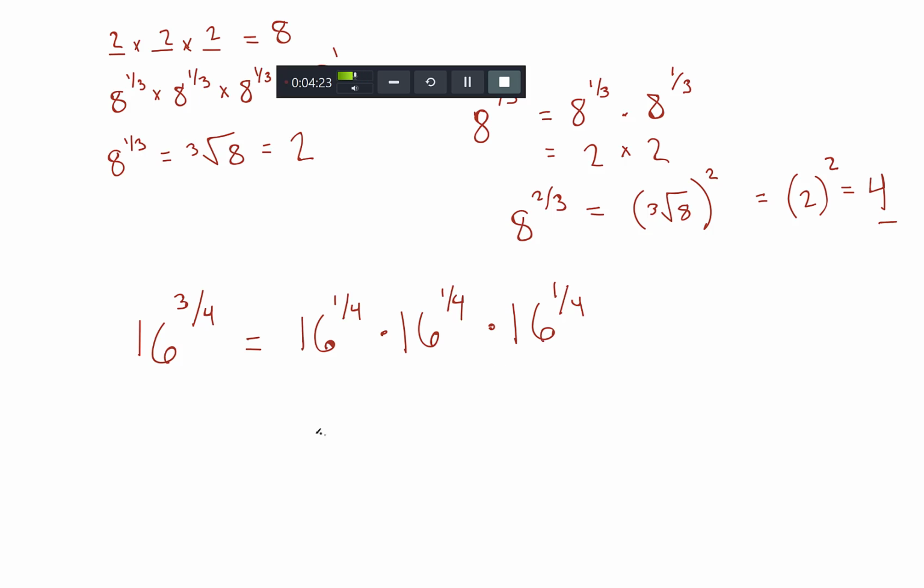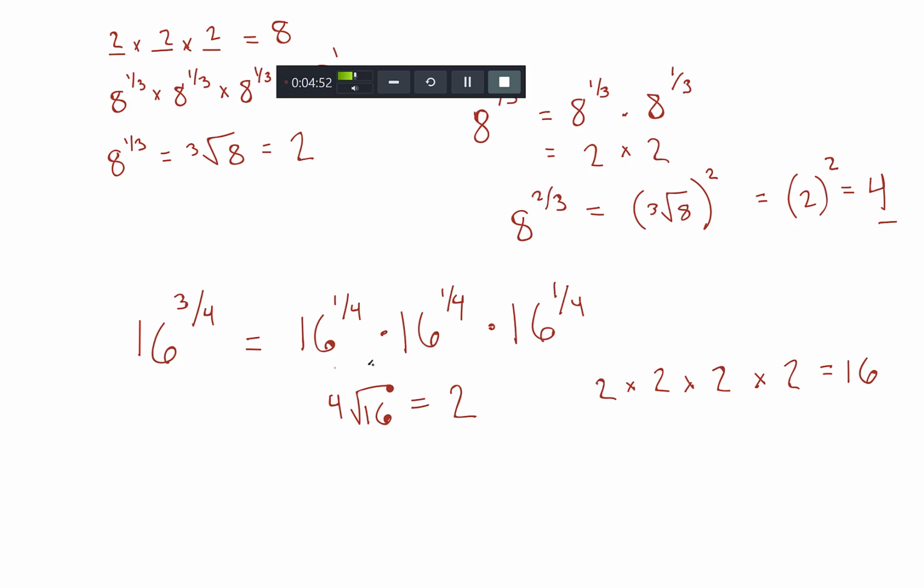Well, let's see. That is going to give us the 4th root of 16. What is the 4th root of 16? Well, that is, again, 2, since 2 times 2 times 2 times 2 gives us 16.